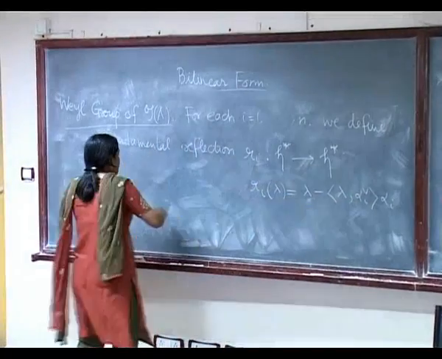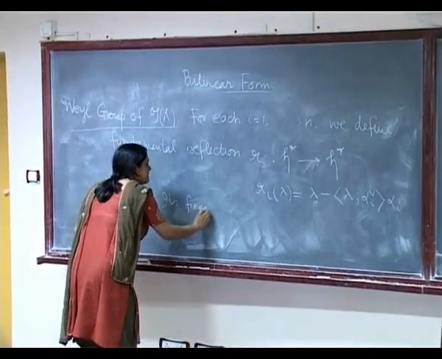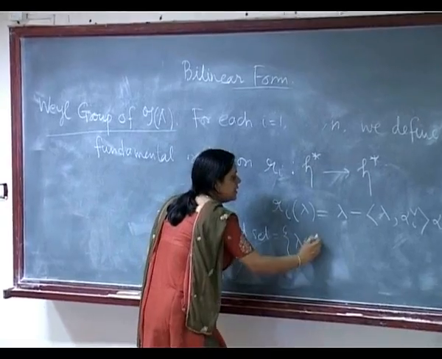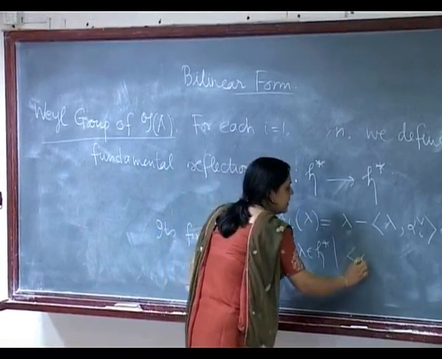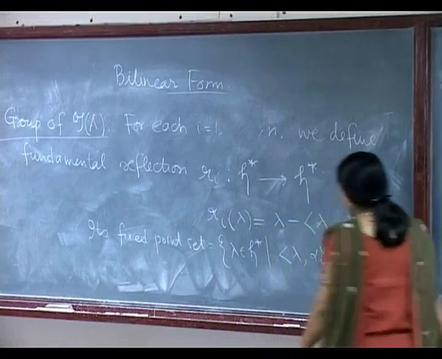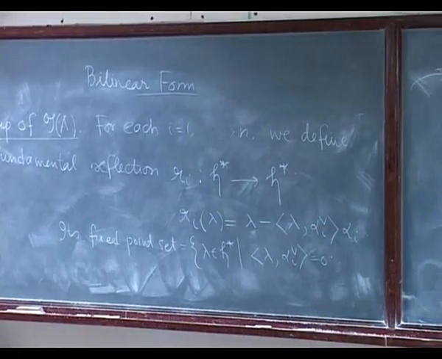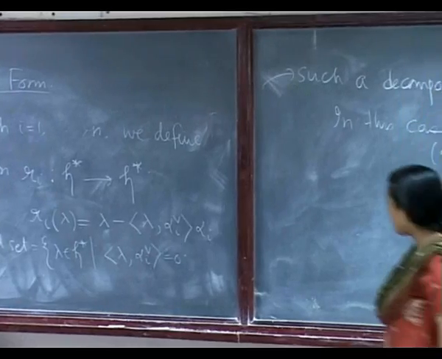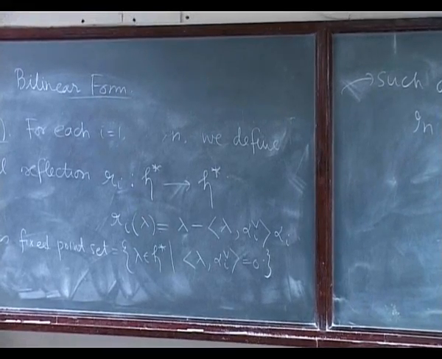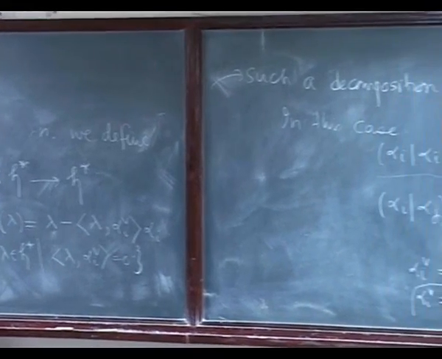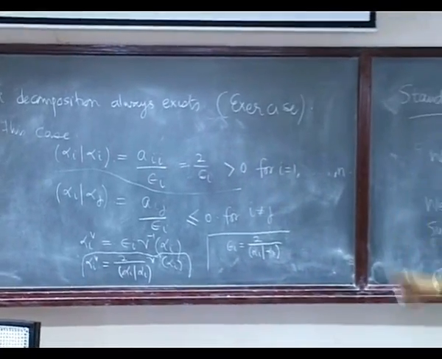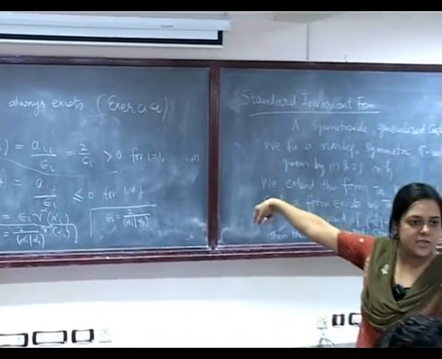So its fixed point set is all those lambda in H dual such that lambda of alpha I check is equal to 0. Ri of alpha I will be going to minus alpha I.